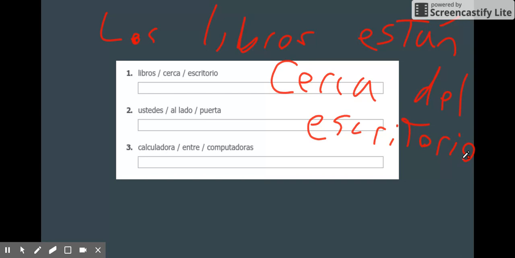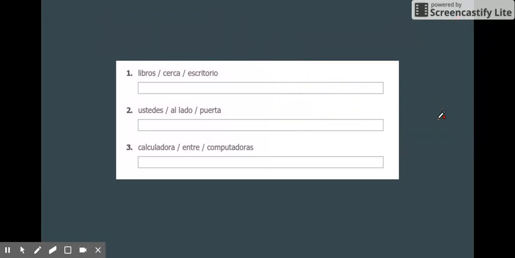I apologize, I don't have a pen yet for this, so I'm using this all with my finger. So it's kind of all over the place. Anyway, los libros están cerca del escritorio. We have los libros because it needs an article. And cerca de, close to, de, and then el escritorio. But since we have de plus el, it changes to del.